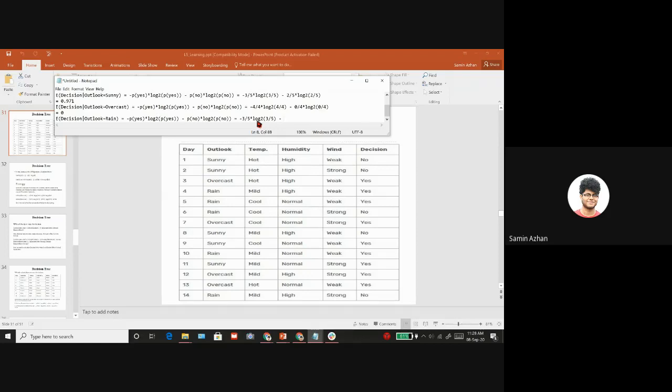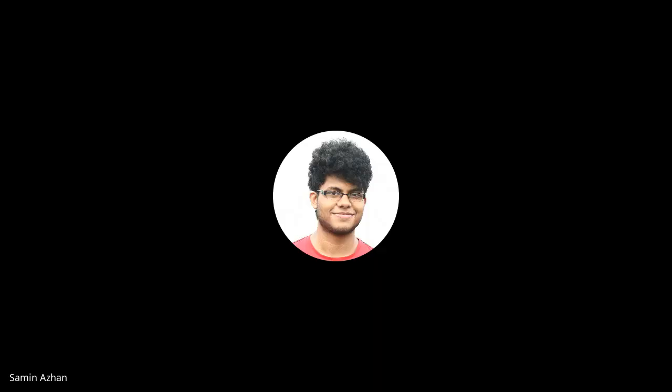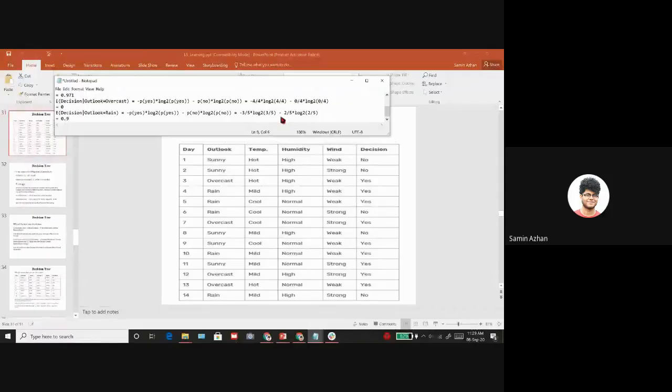There are 2 nos, so the probability of no should be 2 divided by 5, because there are 5 rows for outlook equal to rain. Log base 2 of 2 divided by 5. Alright, if you put that in a calculator, it's going to give you 0.971.